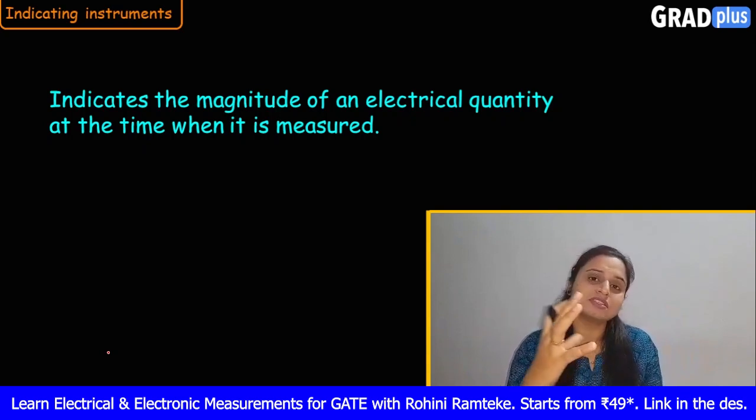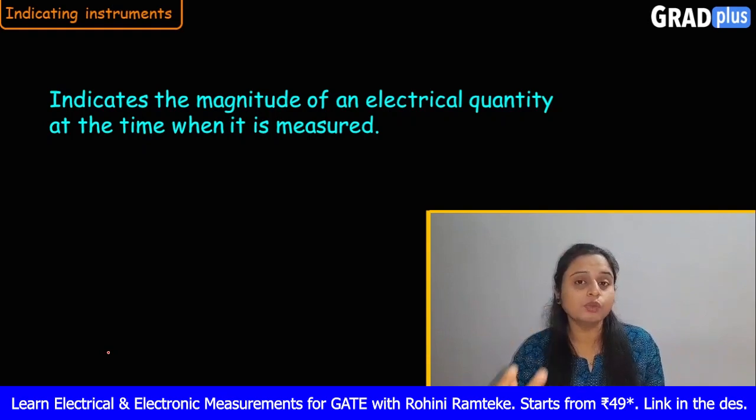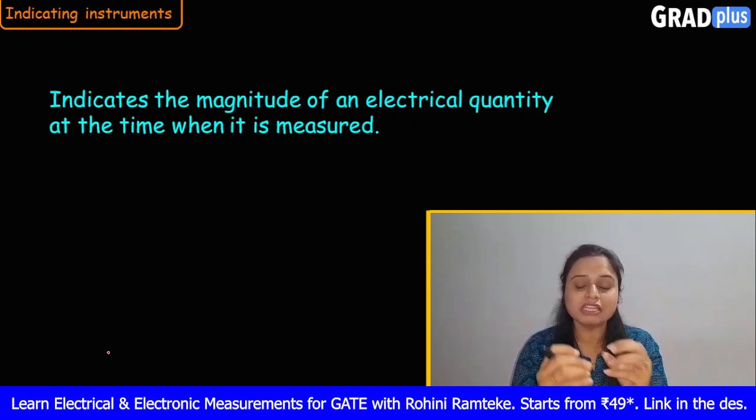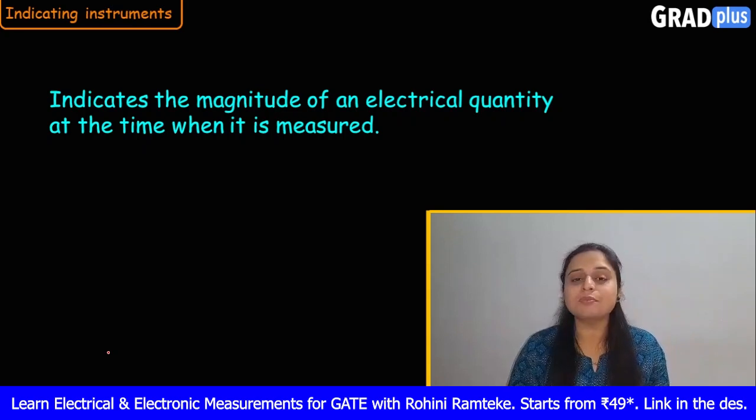Instruments that indicate the magnitude of an electrical quantity at the particular instant of time when it is to be measured come under the indicating type instruments.